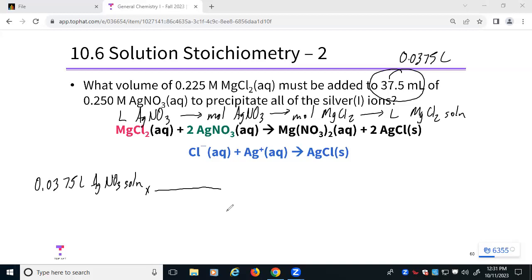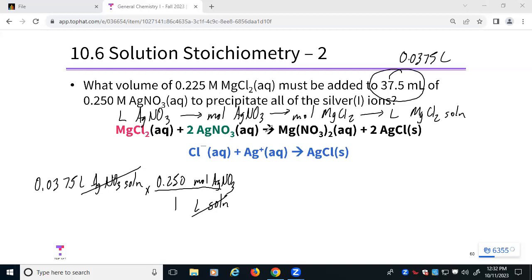Here's where that definition of molarity helps us. Molarity would be moles of silver nitrate per liter of solution. So I've got 0.250 molar, so that would be 0.250 moles in every 1 liter. My liters of solution cancel. Now I have moles of silver nitrate.